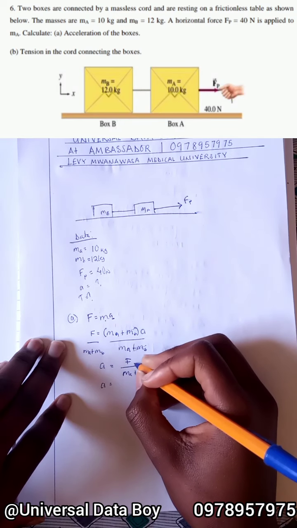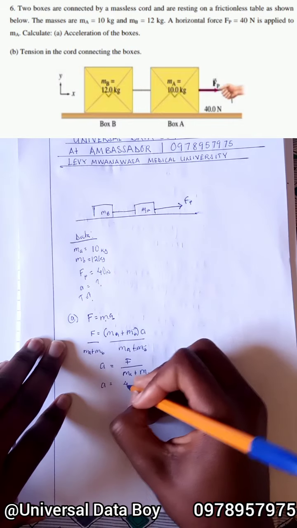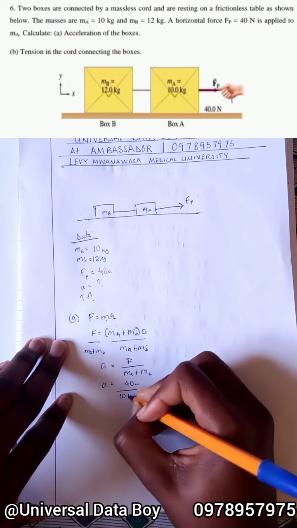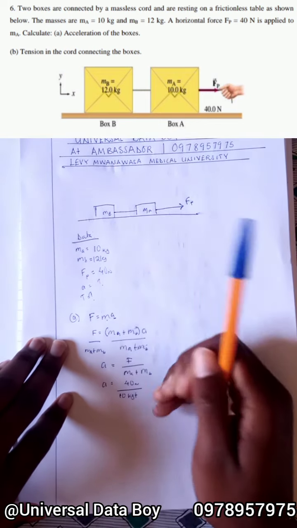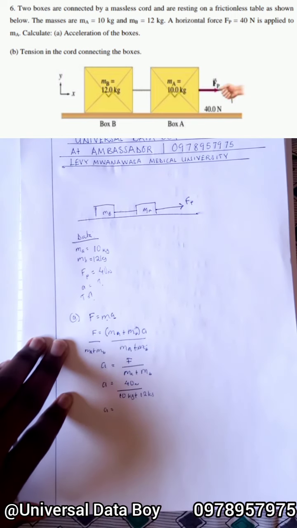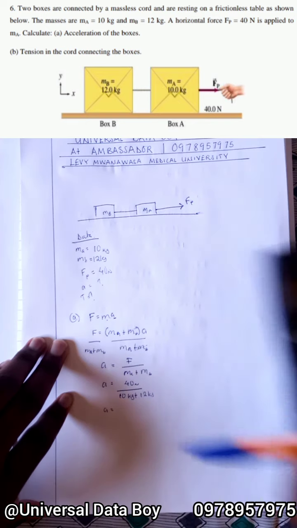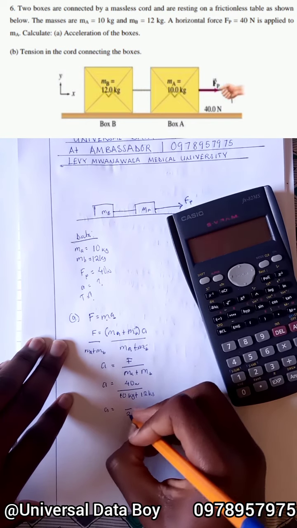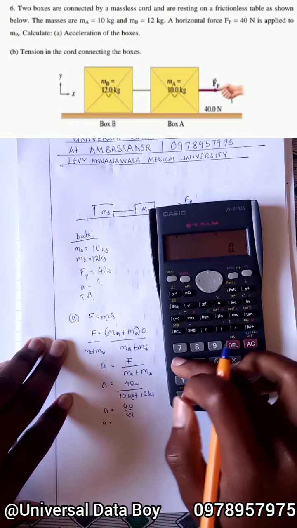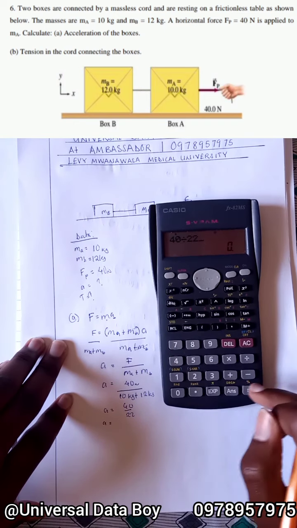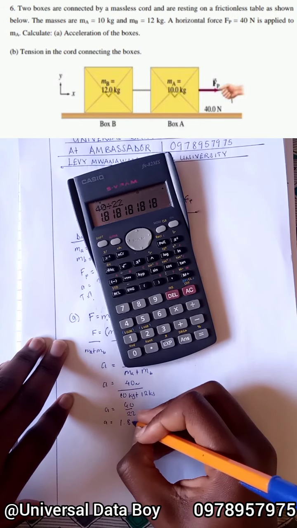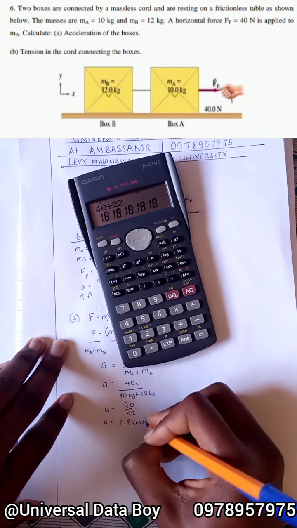The acceleration is equal to, we know the force is 40 newtons, the mass is 10 kilograms, the other mass is 12 kilograms. When we add this, we're going to have a 22, 40 on top, so the acceleration is equal to 40 divided by 22. So now you can round it off to two decimal places, meters per second squared.